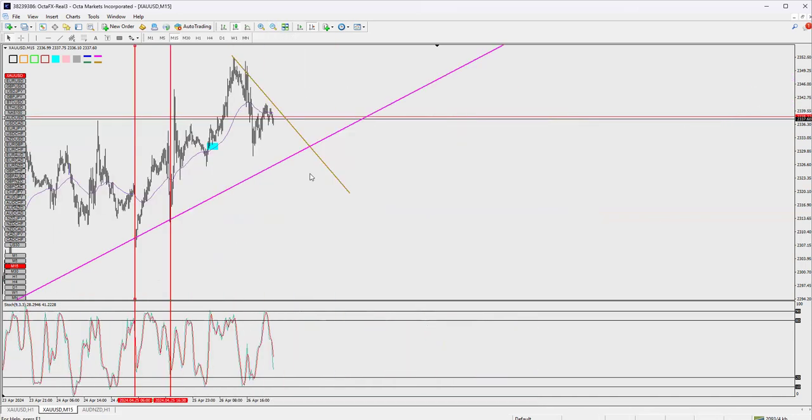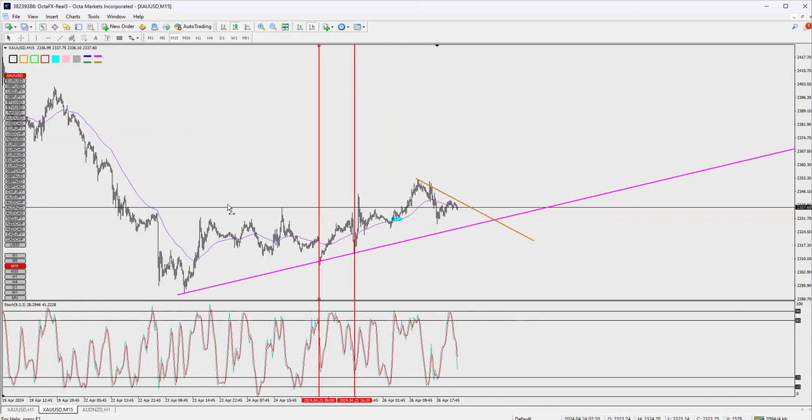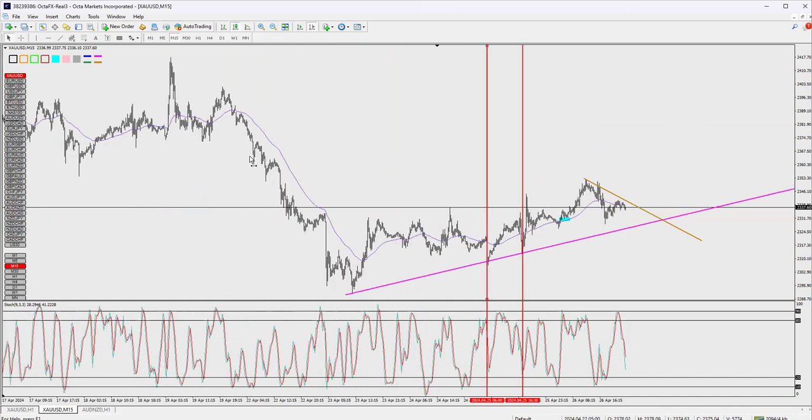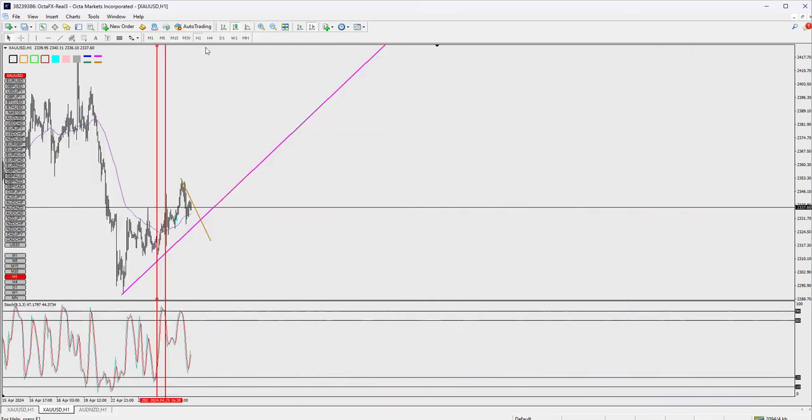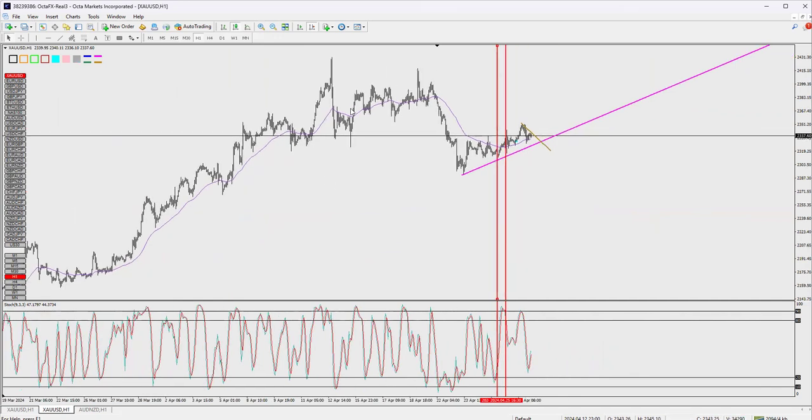So remember, I'm using the 15-minute time frame. This might be a counter trend because we are coming from the 4-hour time frame. In the 4-hour time frame, you can see what we are having right here, a trend line breakout. So maybe this is just a counter trend, an impulsive move, counter trend, then it will continue going down.